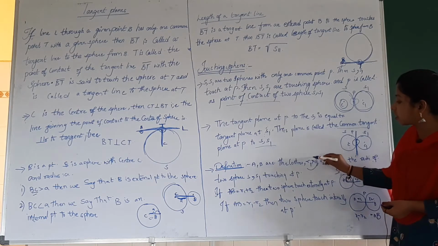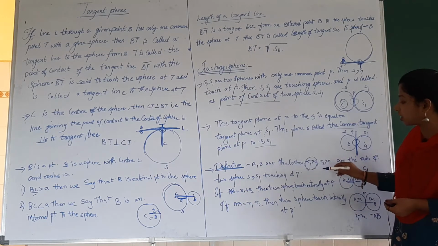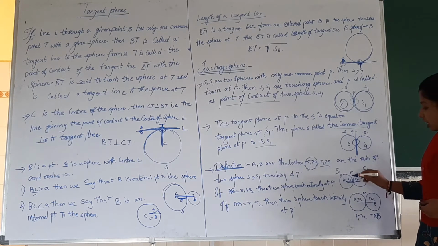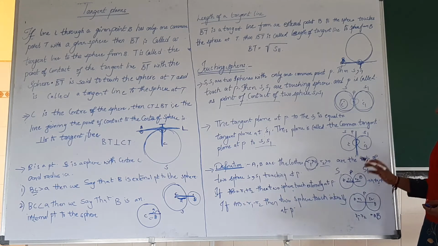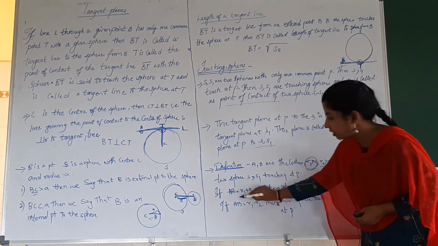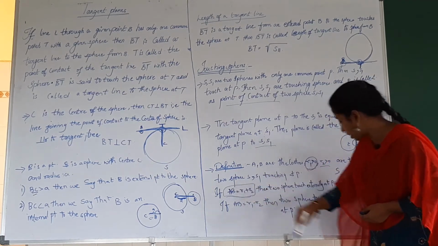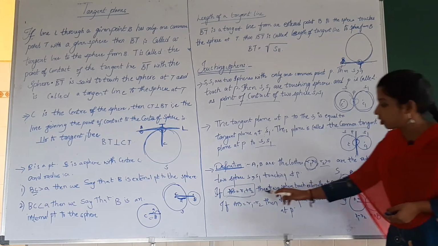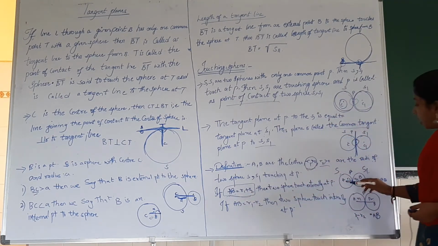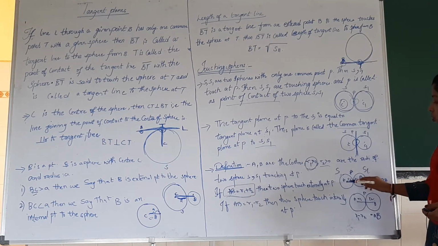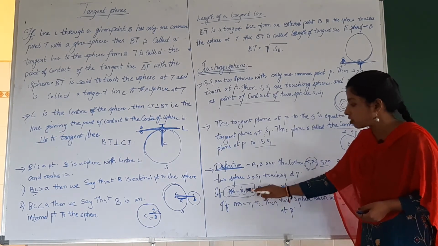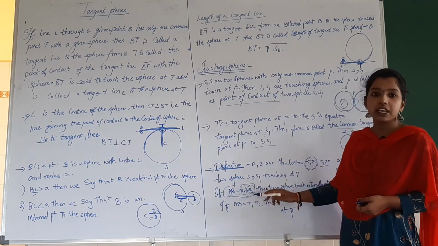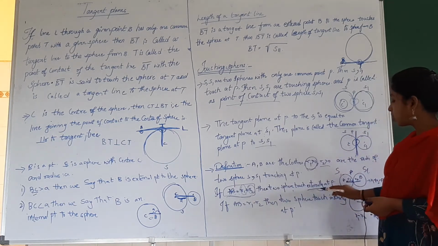Radius is always greater than 0, that is R1 is greater than 0 and R2 is greater than 0, and these two spheres are touching at a common point P. Now, if the distance between the two centers A and B is equal to the radius of the first sphere plus the radius of the second sphere, we can say that the two spheres touch externally.